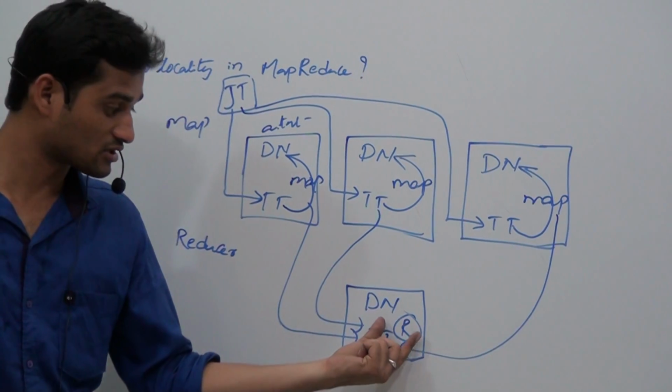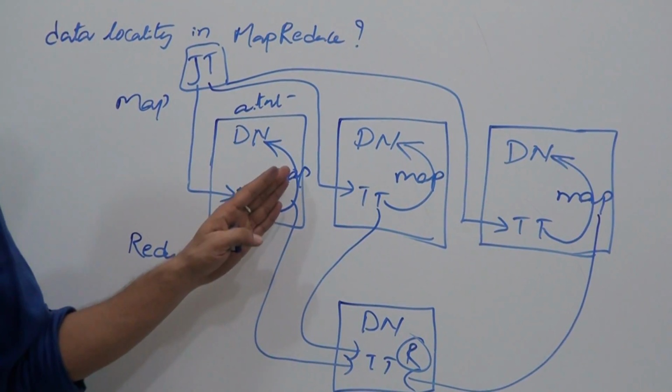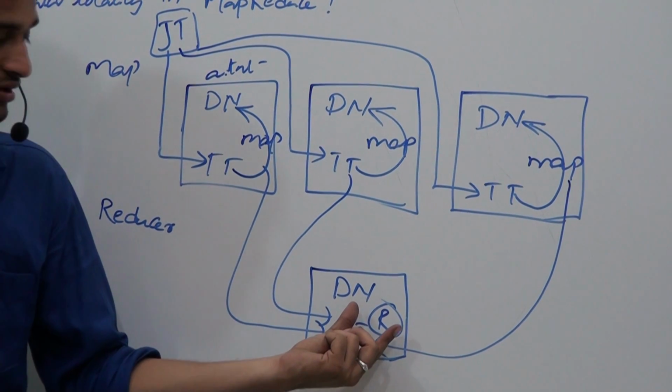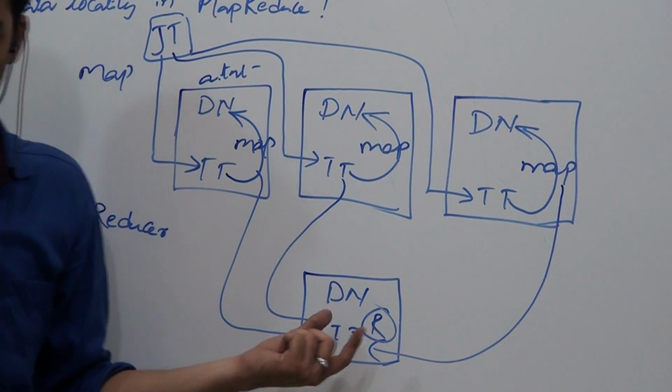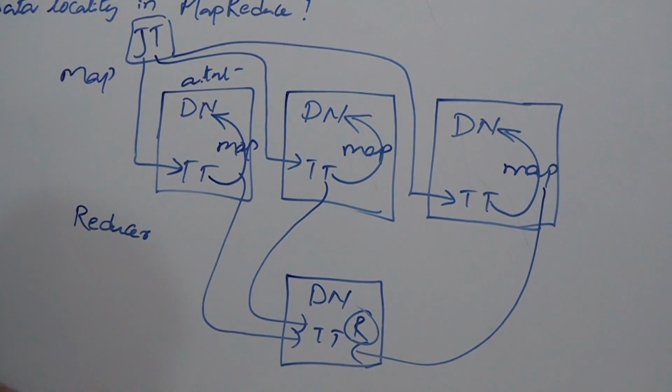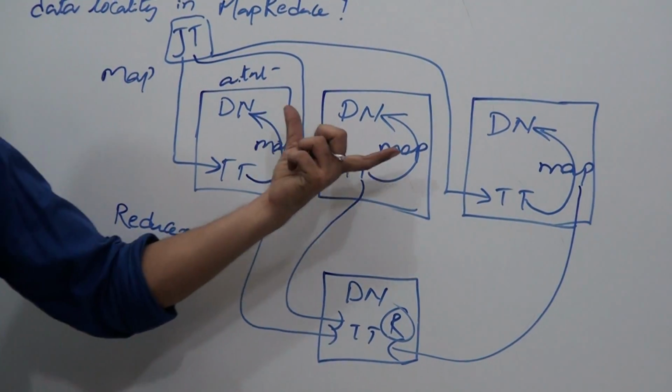Here the reducer gets the output of mappers from different data nodes, but it is not working local to that data node. So we say that the reducer does not have data locality, as it is getting data from different mappers.